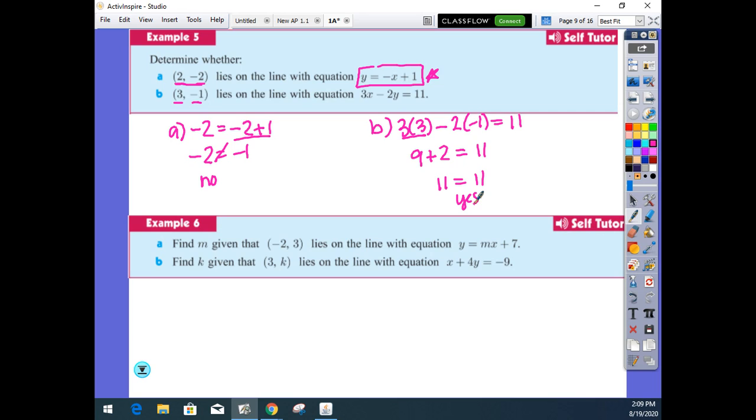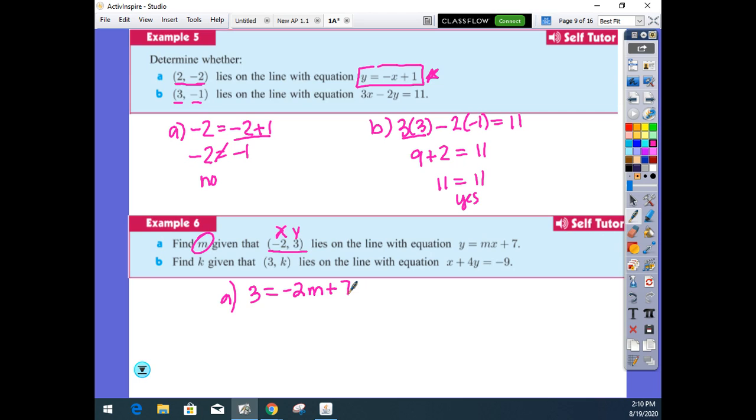All right, last example for the notes. It says if we're given that this point lies on the line, find m. So I'm going to replace my x and my y in the equation. So my y is 3. My x is -2. I'm looking for the m that makes this equation true.